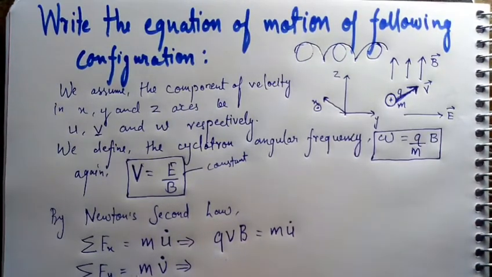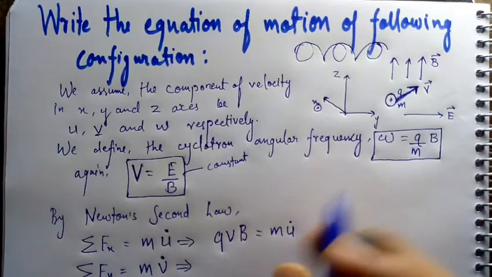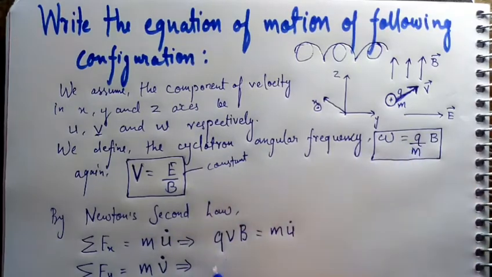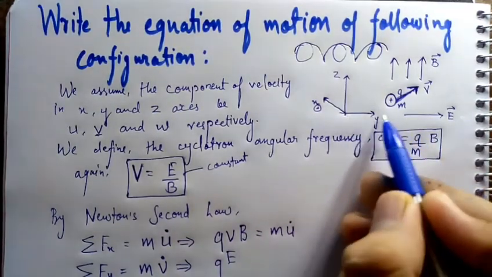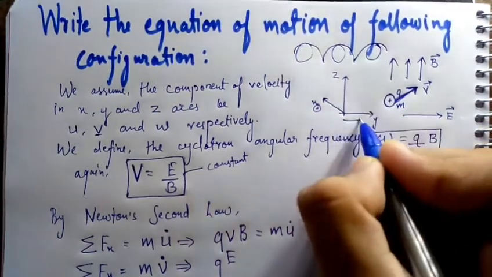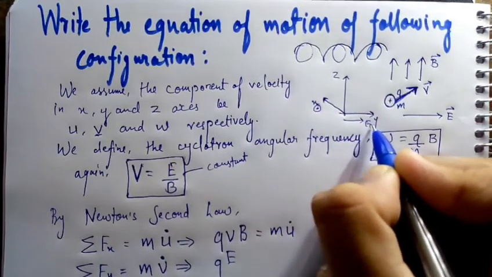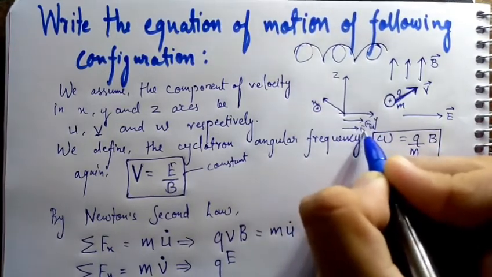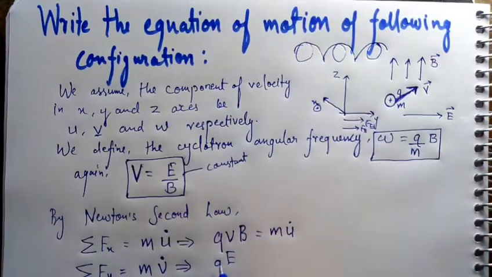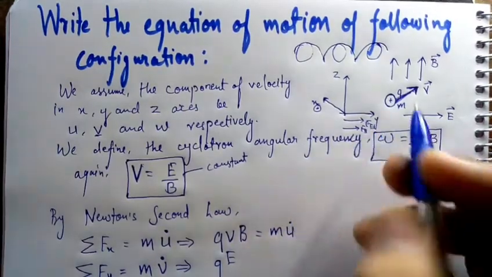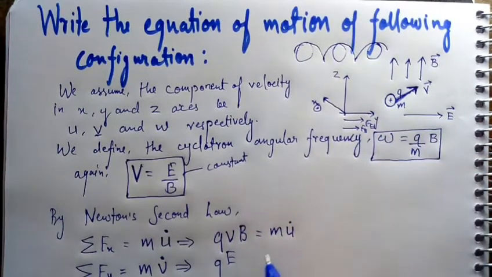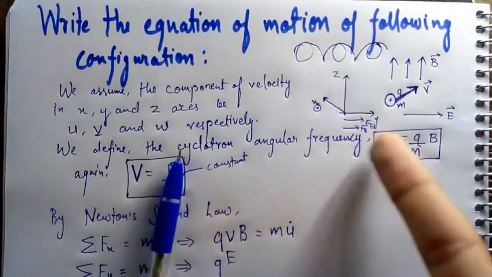The sum of forces in the y direction is going to be a trickier part, so concentrate on this part. It is qE, because in the y direction there would be two forces, due to E and due to the magnetic force, Fe and Fb. We have written Fe. Now the time comes for Fb.